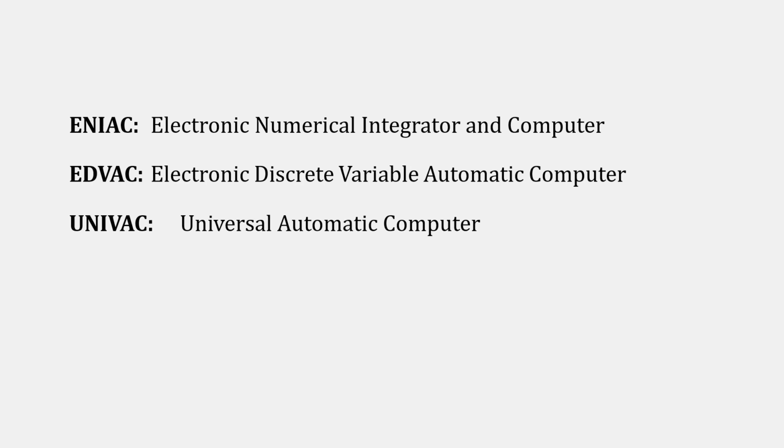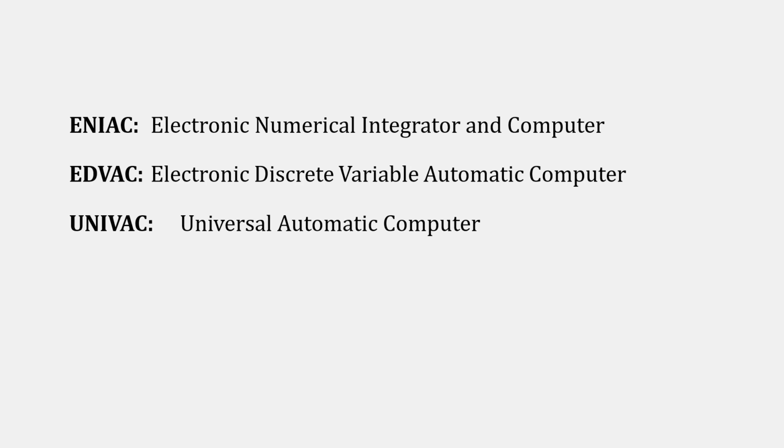Next, the EDVAC, the electronic discrete variable automatic computer. It was designed by John von Neumann. EDVAC introduced the stored program concept, allowing both the instructions and data to reside in memory. This architecture is still fundamental to modern computers.